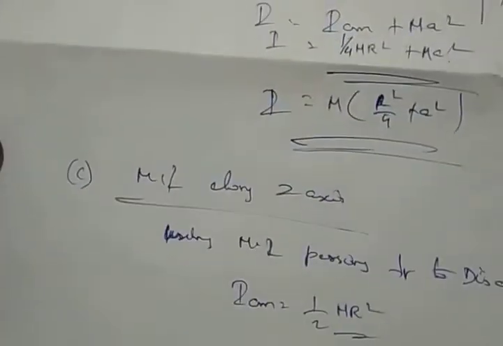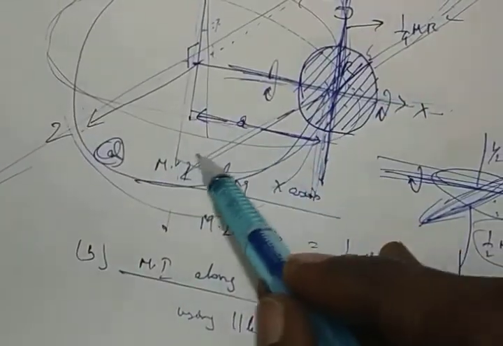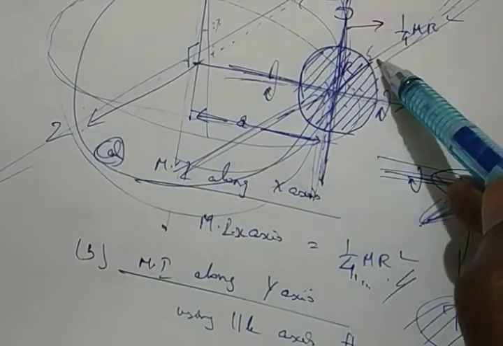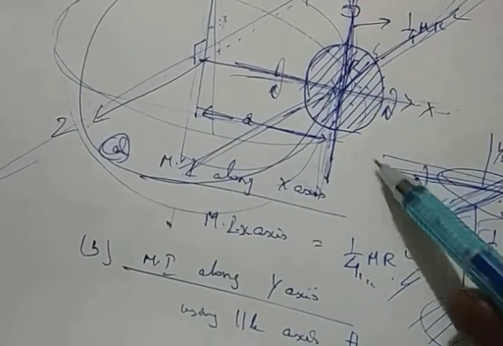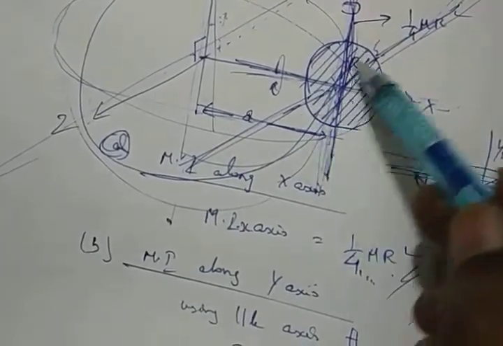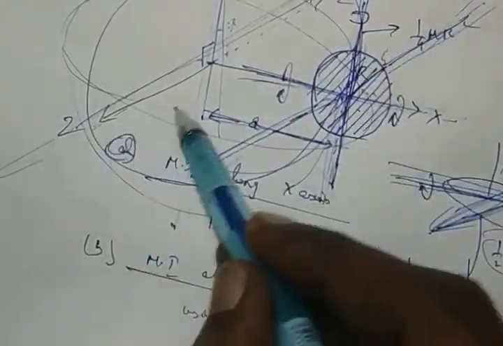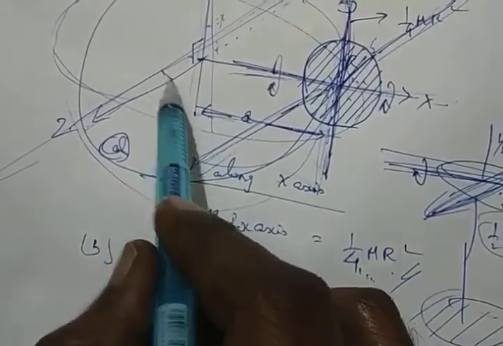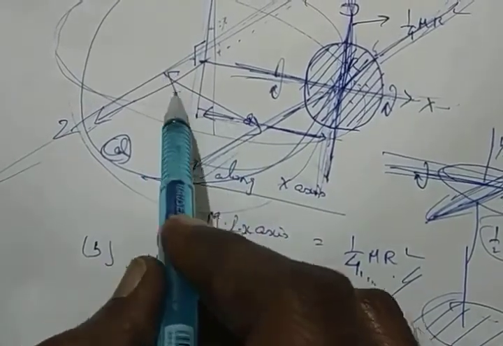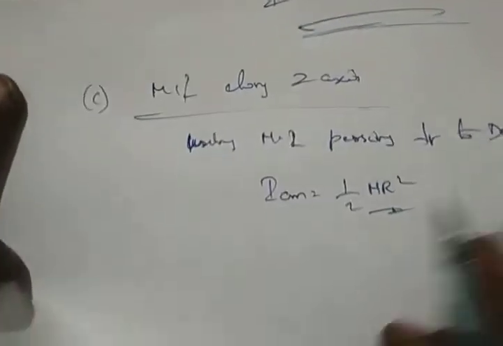This axis could be anywhere because it is a kind of flat plane like this. So this axis is parallel to this axis. And what is the distance here? This also will be a only. So you get it in this pattern.